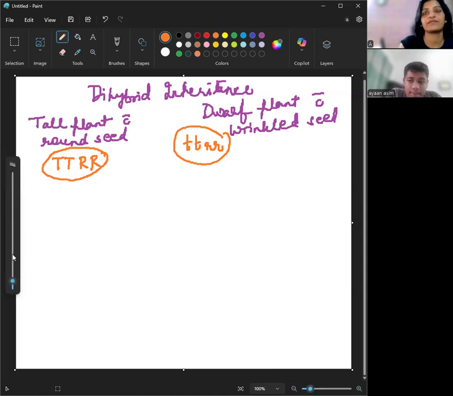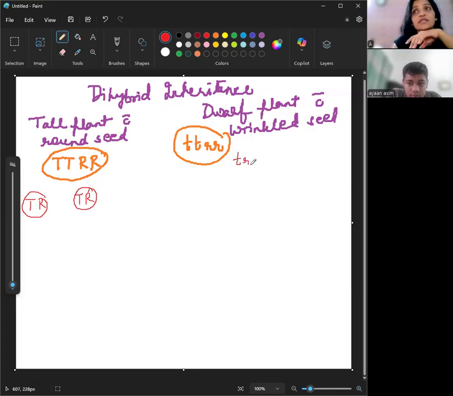Now if they are going to form the gametes, what will be the case of the gametes? So it can be TR, and for the other, the same: TR.